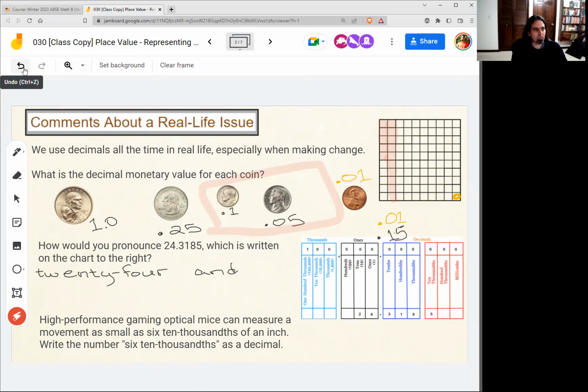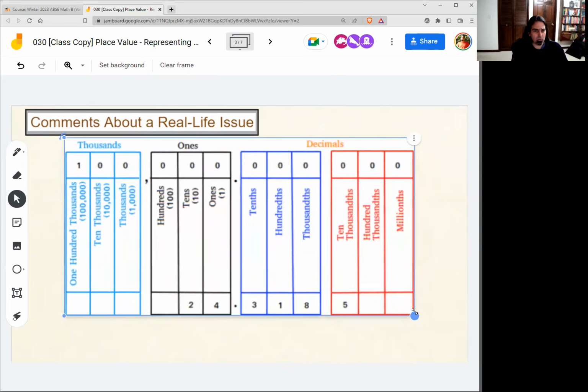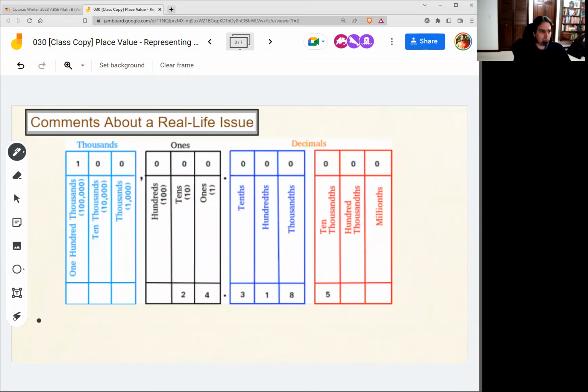So I'm actually going to move to the next slide where I have more room to write and we can see it better. I made it a little too big. And so this was 24. And so the 3185, I'm going to pretend it's a whole number, 3,185.